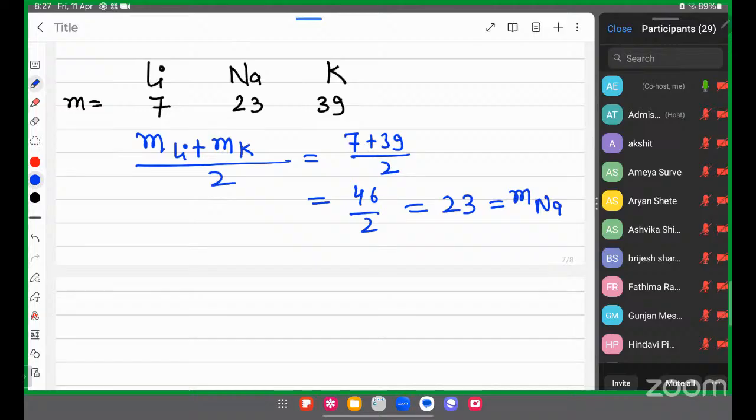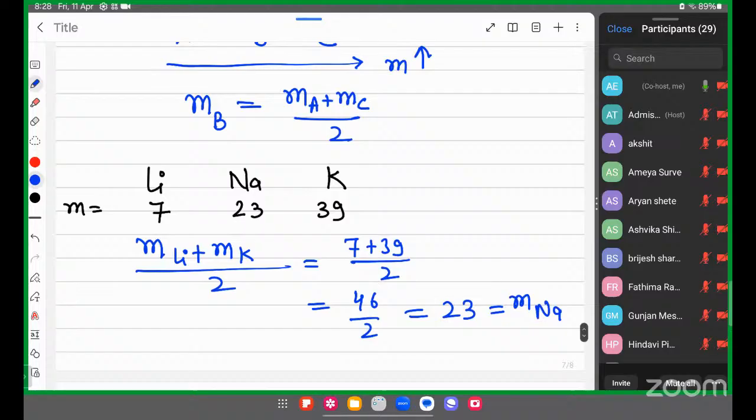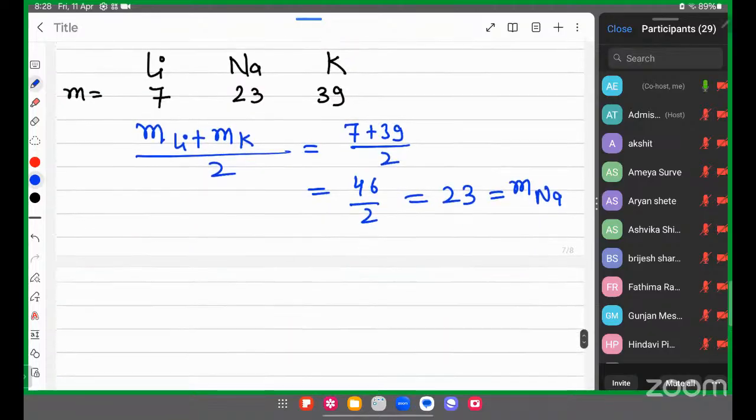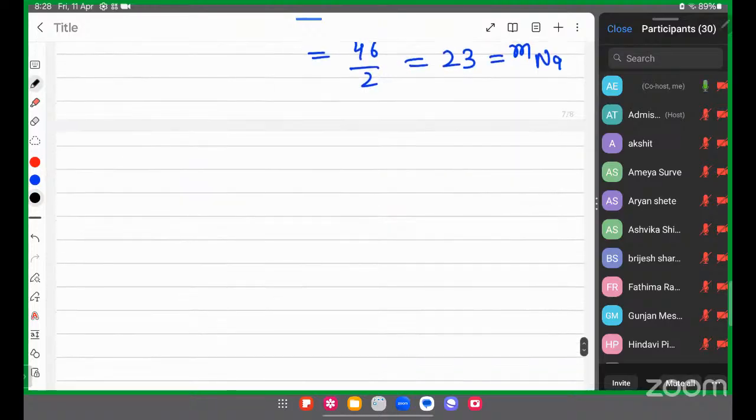But this classification is again not valid for all elements. Only a few triads follow this condition, and for other elements it is not possible to hold this property.